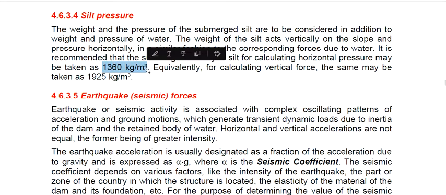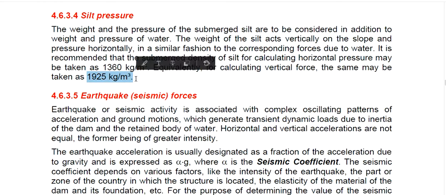This value of submerged density of silt is taken only for horizontal pressure, and the value for submerged density of silt for the vertical force will be 1925 kg per meter cube.